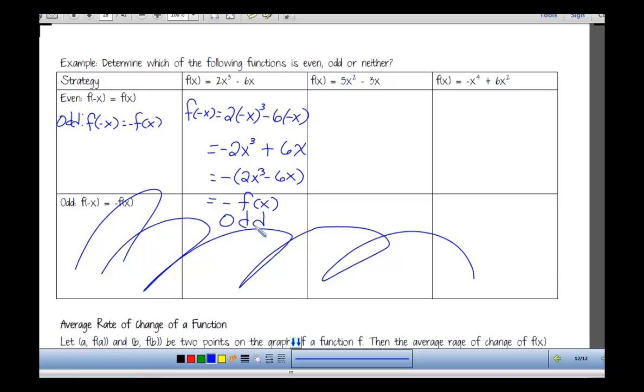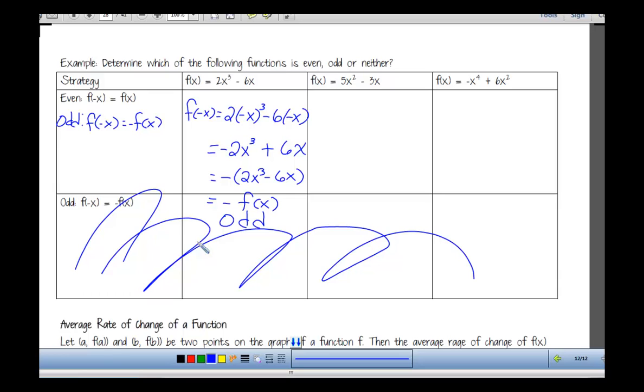Does everybody see what we did there? To try to determine if it was odd or even, we plugged in negative x. We simplified it, and then we tried to compare our simplified version with what we started with. And in comparison, we found that it was equal to negative f of x, and therefore it was odd.